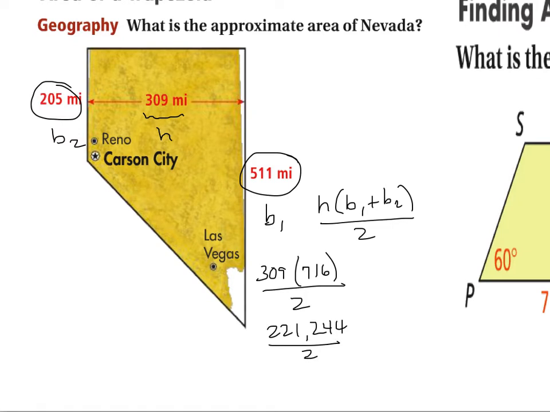That gives 110,622, and since the units are miles, it will be square miles. So the approximate area of Nevada is 110,622 square miles.